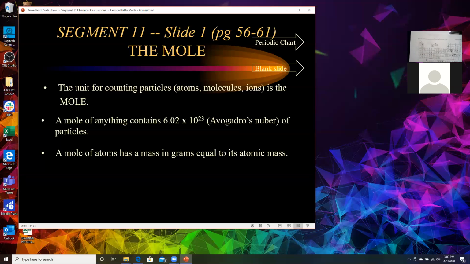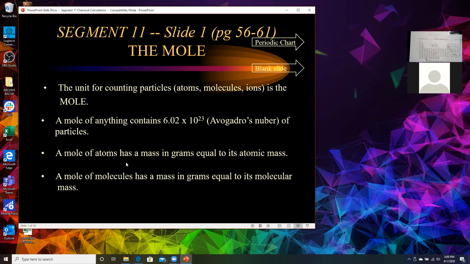So a mole of any substance has a mass equal to its atomic weight in grams. So we count atoms by actually weighing them, just like the guy on the assembly line counts paper clips by weighing 144 paper clips. Now, if we're talking about molecules, a mole is still the same, and it's made up of atoms.